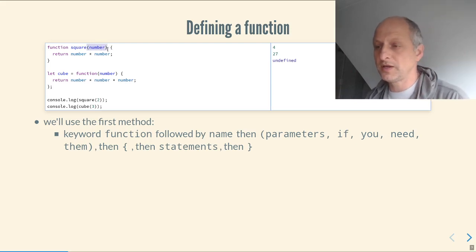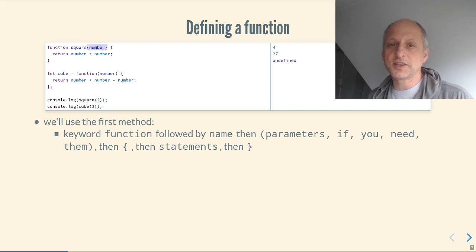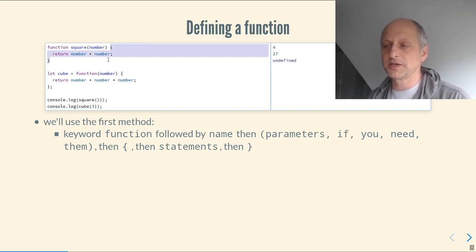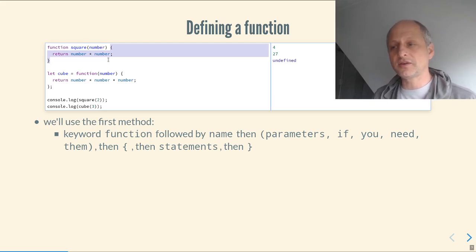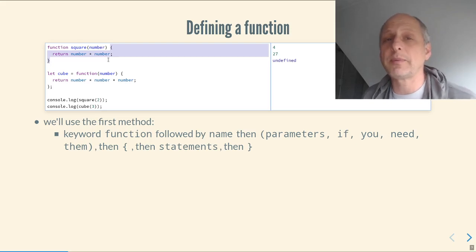Those are mandatory, and optionally inside the parentheses we have one or more parameters. These are the inputs that we're going to accept with this function. And then after the parentheses we have these curly braces, and inside the curly braces is the stuff that happens, the stuff that gets done when the function is run, when the function is called, as we say.